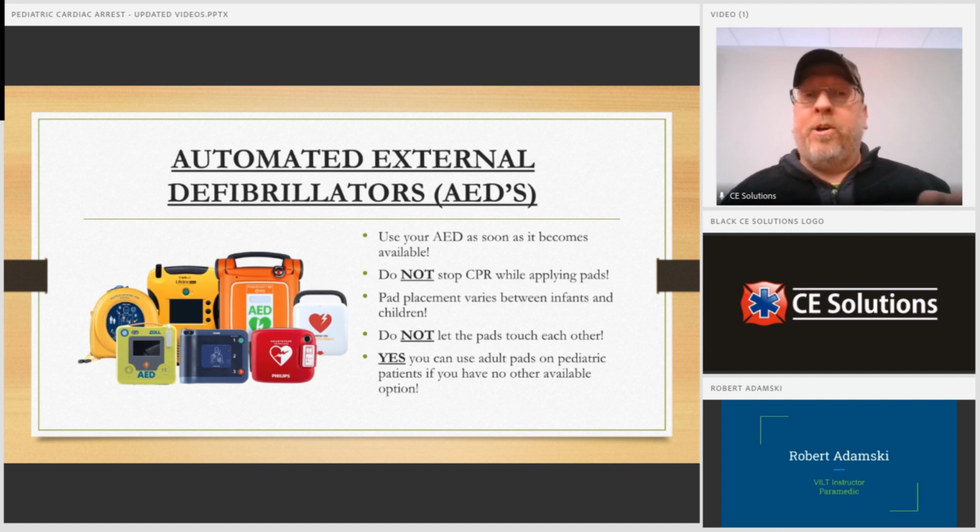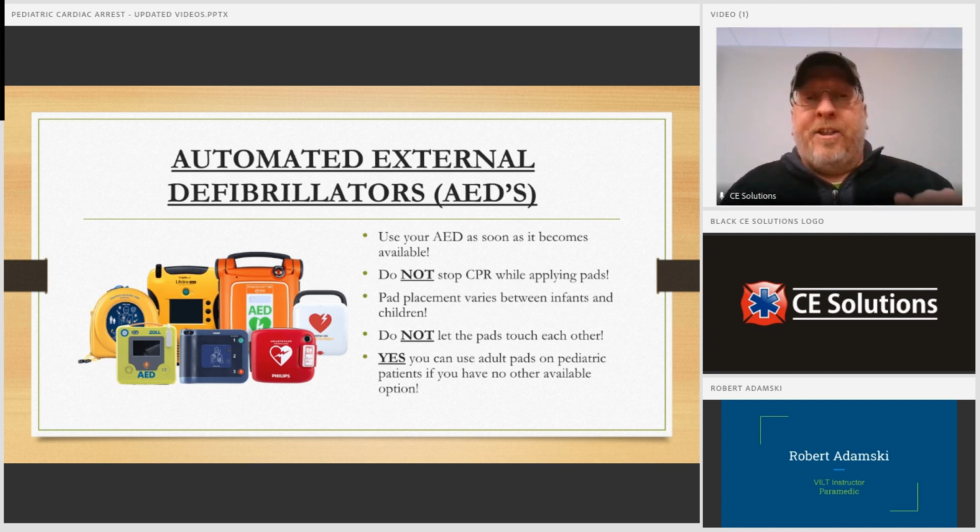However, you also do not want to stop CPR while you're applying the AED pads and getting it set up. Whoever's doing chest compressions needs to continue. The first responder that's applying the pads and getting the defibrillator set up needs to work around their team member that's performing CPR, that's performing the chest compressions.